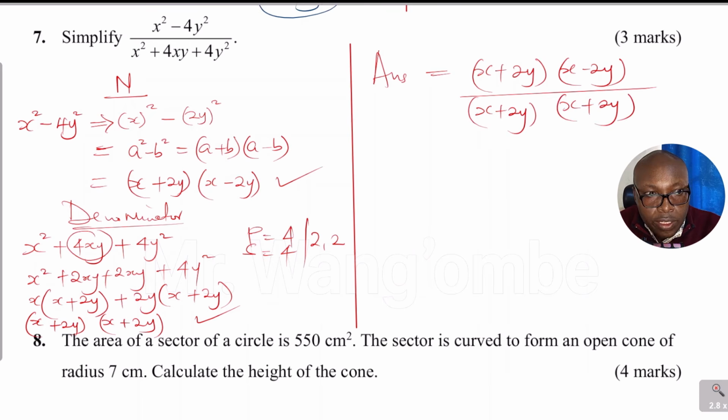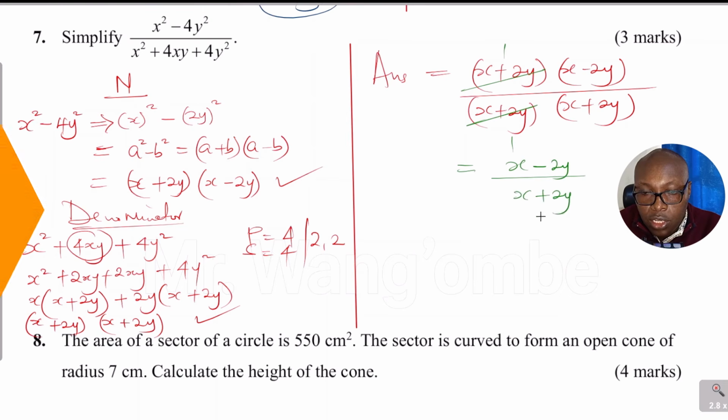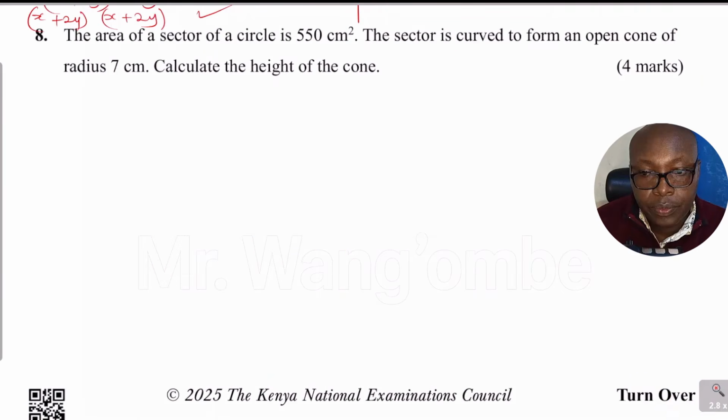So when you look at the numerator and the denominator, there's something that is going to simplify. X plus 2y will simplify with the x plus 2y, and then you get the solution as x minus 2y divided by x plus 2y.